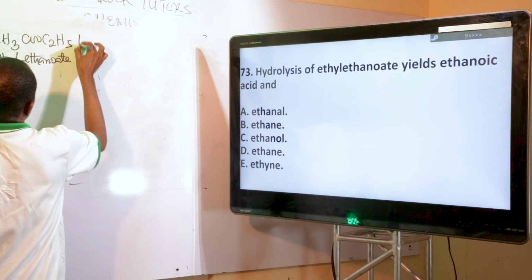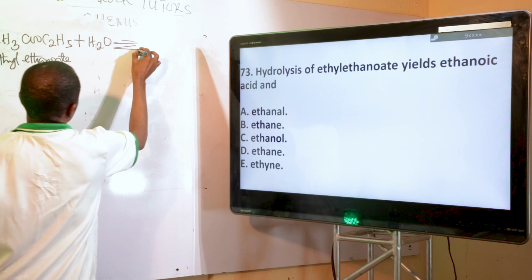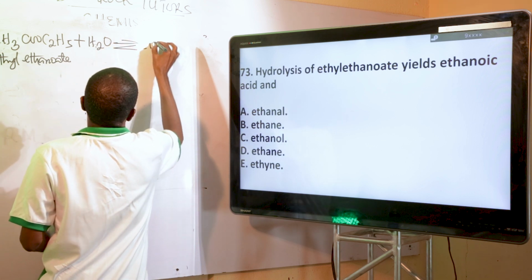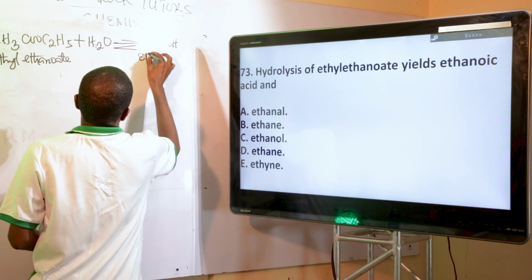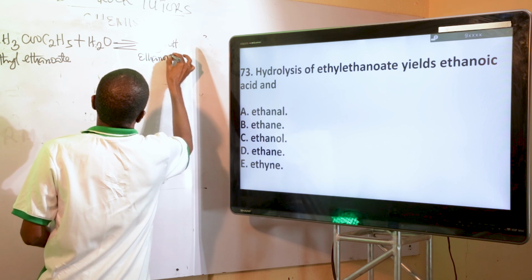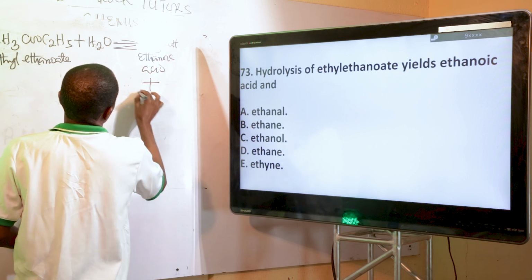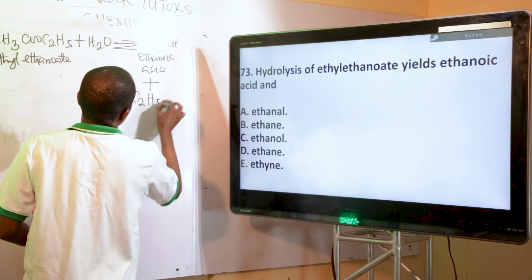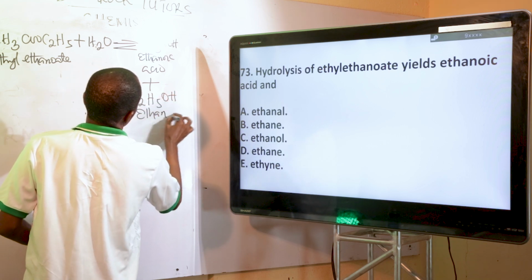Now, hydrolysis, that's plus H2O, and it's a reversible reaction to produce CH3COOH, that's ethanoic acid, and then plus C2H5OH, that's ethanol.